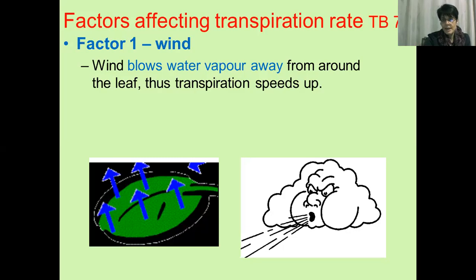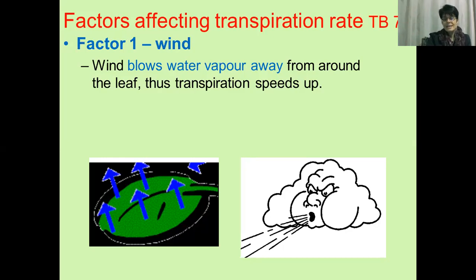Just like if you're standing really, really hot and you are sweating, if you stand near a fan or in a cool breeze, it will help you to cool down quicker because the water vapor is blown away from your skin. And we know that when sweat evaporates from your skin, how does that liquid, water with salt, become a vapor, a gas?